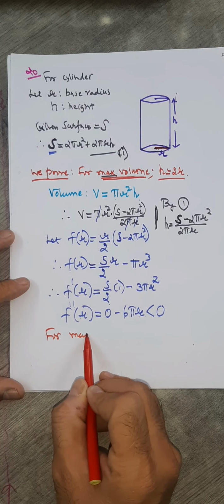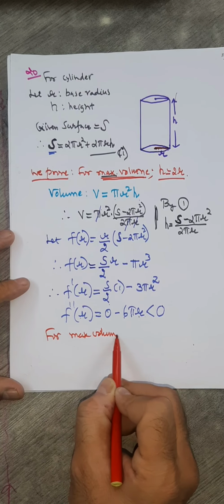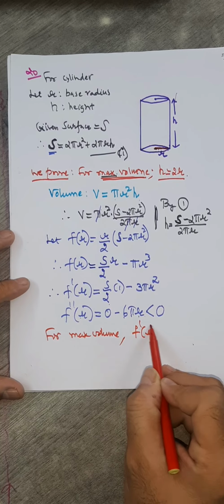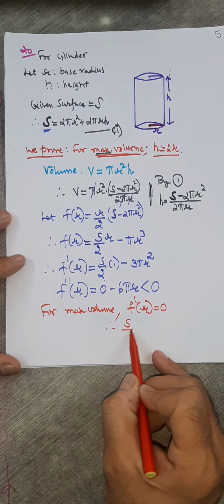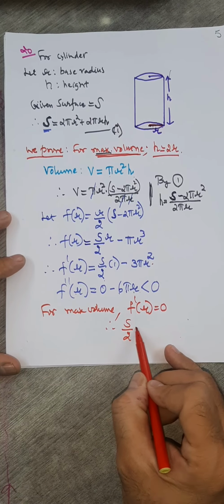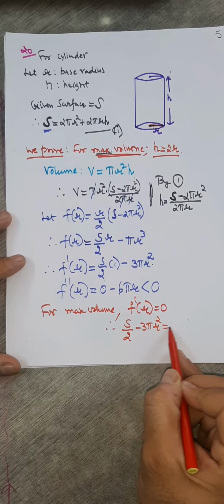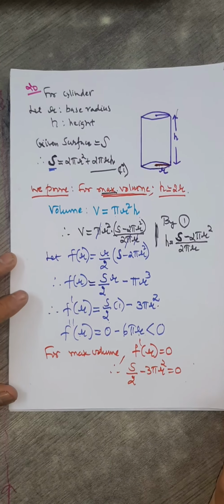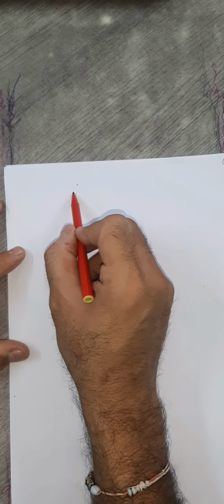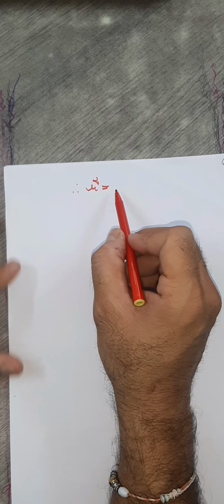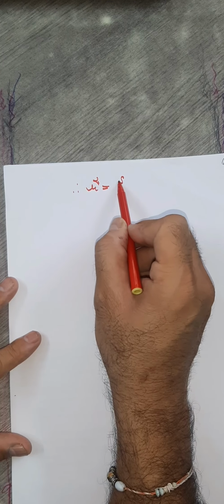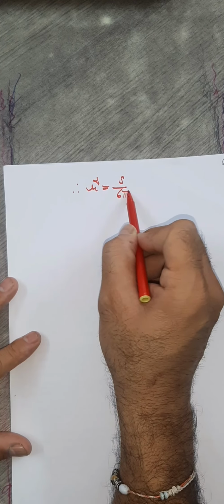So for maximum volume, first order derivative is always 0. So f dash r is 0 here. If f dash r is 0, place over here. So we'll get s by 2 minus 3 pi r squared equals 0. Fine. We are interested to find here r. We want r, remember. So r squared will be, just make r squared the subject of the expression. So r square will be s by 6 pi. Fine?